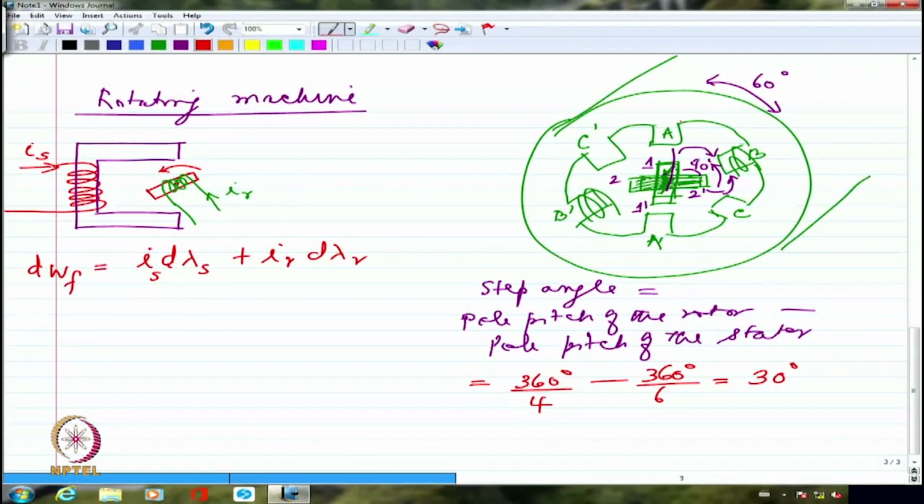In which case, I have to know first of all what lambda S and lambda R are. d lambda S by dt will be the induced EMF in the stator. Similarly, d lambda R by dt will be the induced EMF in the rotor. So, will there be an induction in the stator if I have a current flowing in the rotor?